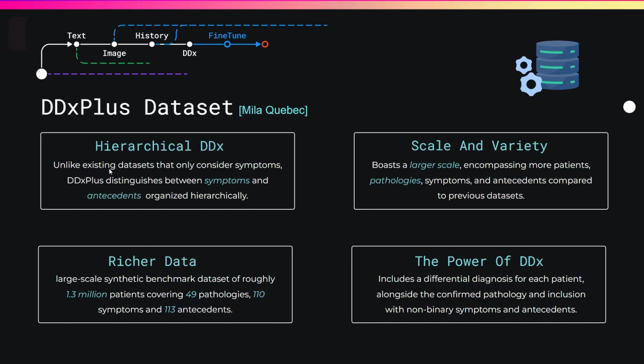Unlike the other existing datasets that only considered symptoms, this DDXPlus dataset also considered the past history and the antecedents, and they were organized very hierarchically. It was very rich data consisting of about 1.3 million patients and 49 pathologies, 110 symptoms, and 113 antecedents. And as I told you, this contained differential diagnosis. So this is what we were looking for.